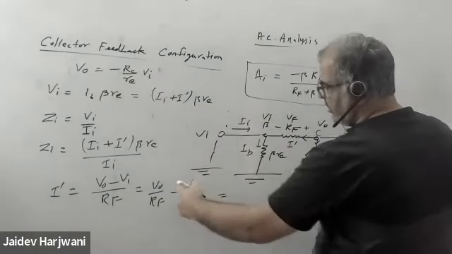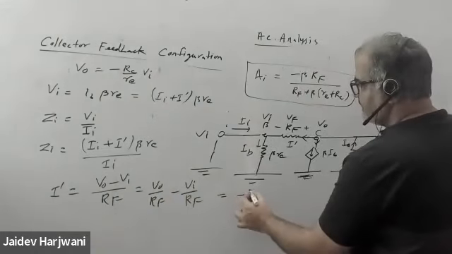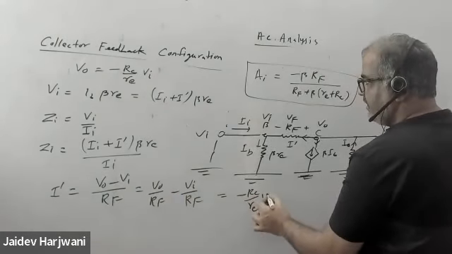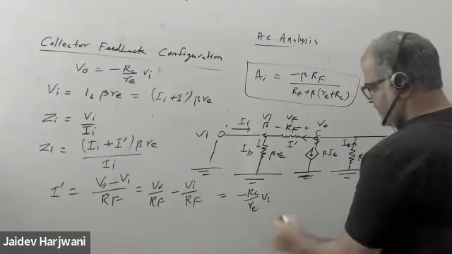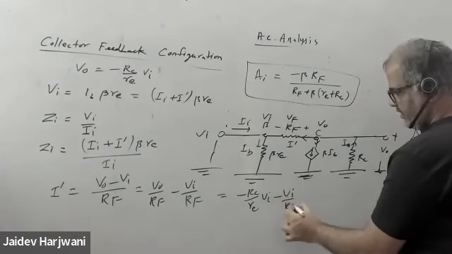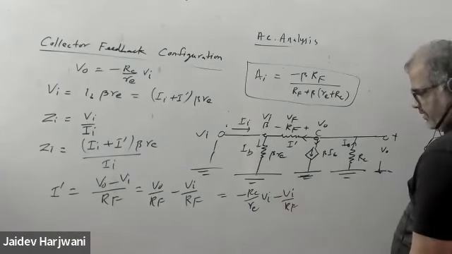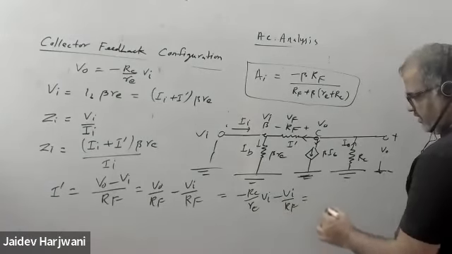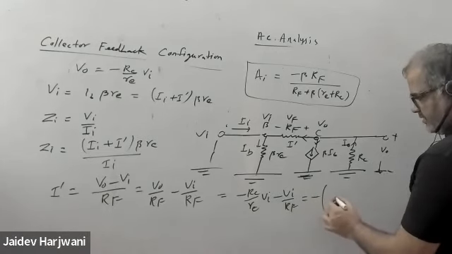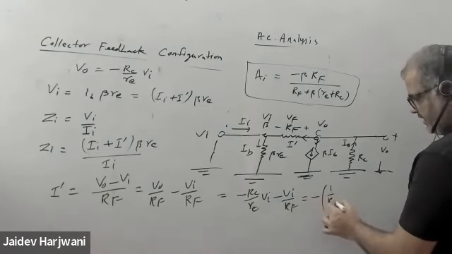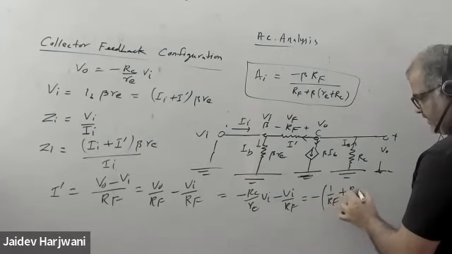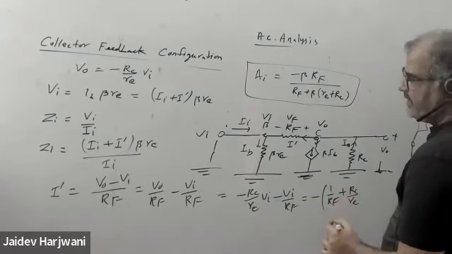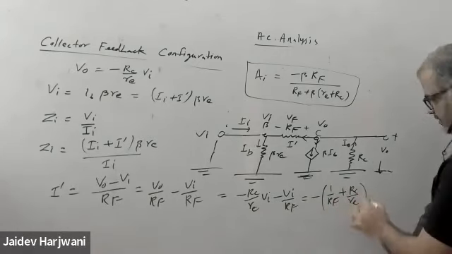So V naught will be minus RC upon RE V input, and this is minus V input upon RF. If I take minus common, this becomes 1 upon RF plus RC upon RE, V input. So this is my I dash value.